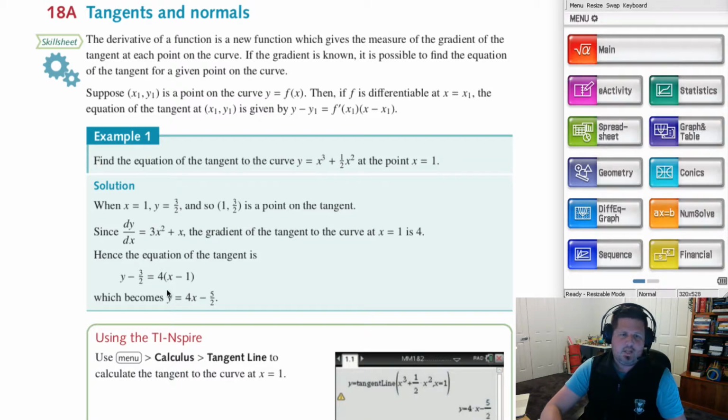Now, some people might be tempted to leave it like that. However, it would be nice if we could rearrange things so that we're just left with y equals something. So you need to expand this out. You end up with 4x on this side, take away 4, and then we add 3 over 2 to both sides. Doing that rearranging, you end up with y equals 4x take away 5 over 2.